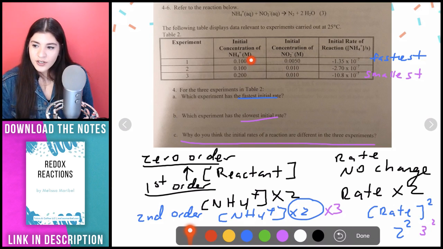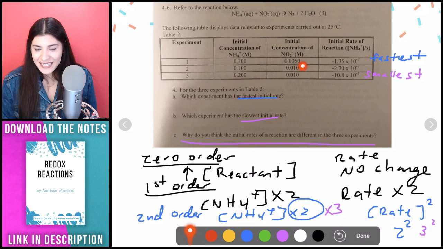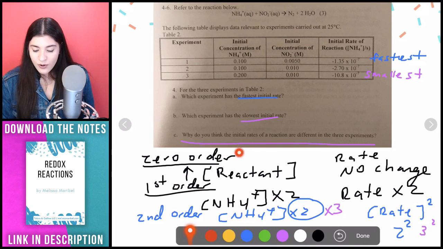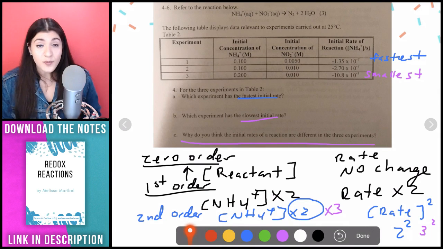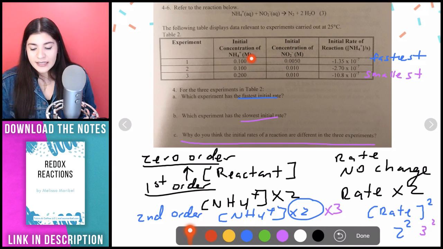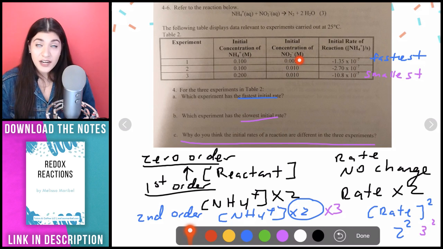You're going to learn in the playlist that I have that if we keep these two consistent, then we could figure out the reaction order of our second reactant. Meaning we could figure out whether it is zero, first, or second order and so on. It makes it easier if you always have these two consistent or the same, so we can end up canceling those out and then figure out the reaction order of this reactant.